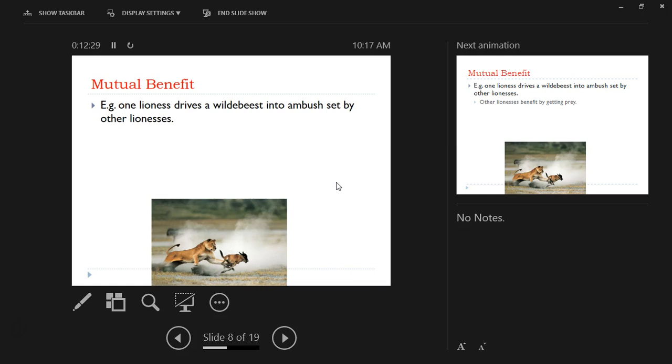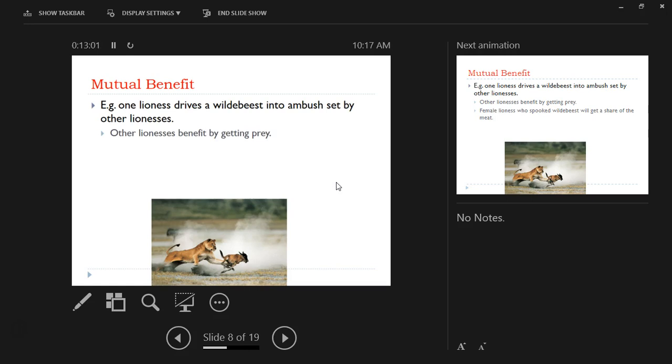A classic example, if you're watching wildlife shows on TV, you see these awesome hunts that lionesses or hyenas or wolves do, where they work together cooperatively. You might see, for example, one lioness driving a wildebeest into an ambush set by other lionesses. So you drive the wildebeest in, and the other ones pounce on it, and then they all get to eat it.